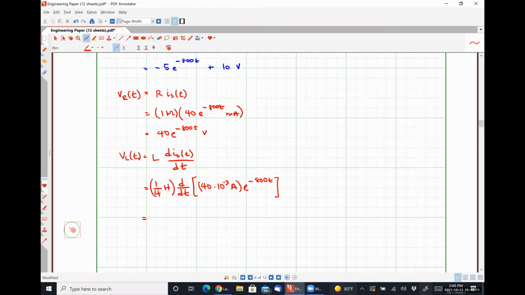And so when I multiply that 40 milliamps times 1/4 of a Henry, what am I going to get? So 40 over 4 is giving me 10. So this is going to be 10 times 10 to the minus 3. That's a Henry times an amp. So a Henry is a volt second per amp. So we get volt seconds.